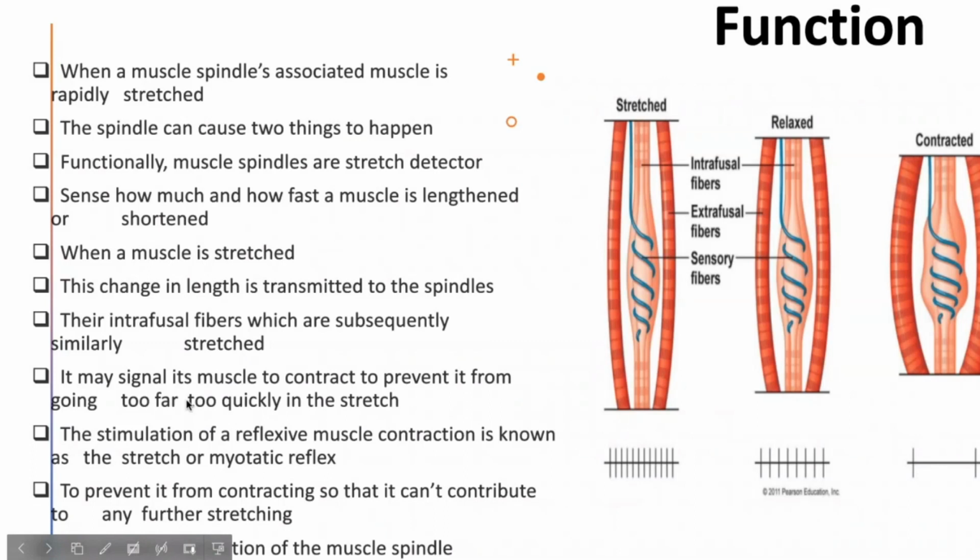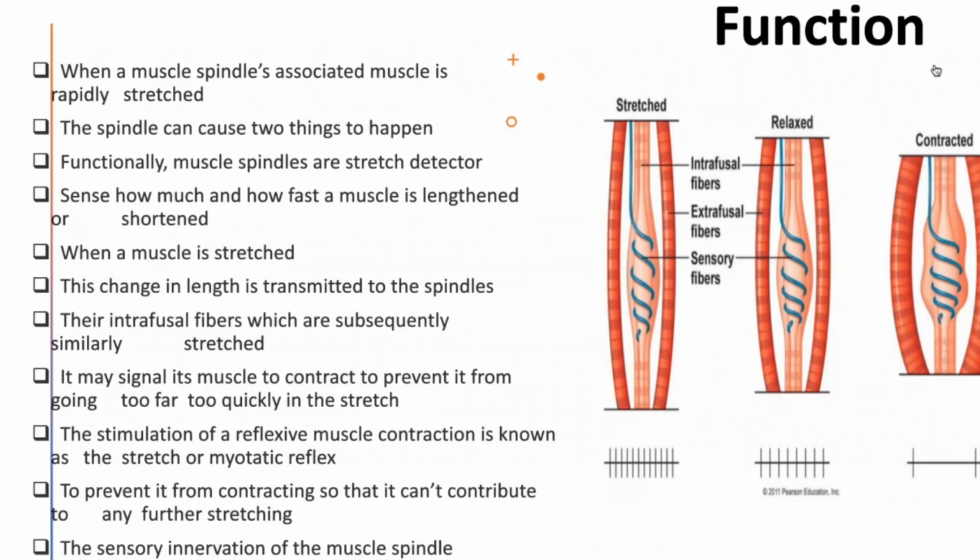It may signal its muscle to contract to prevent it from going too far too quickly, i.e., overstretching. The stimulation of a reflexive muscle contraction is known as the muscle stretch or myotatic reflex. It's going to prevent it from contracting so that it can't contribute to any further stretching.